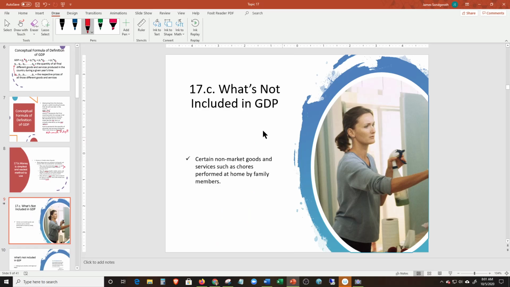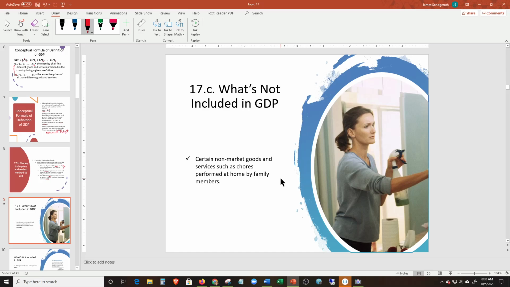And now we go to what's not included. So certain non-market goods and services, such as chores performed at home, like making meals, cleaning up after the meals, cleaning up the house, keeping your yard up, repairing the automobile, growing vegetables in your garden, trimming the trees, washing your car in your driveway.